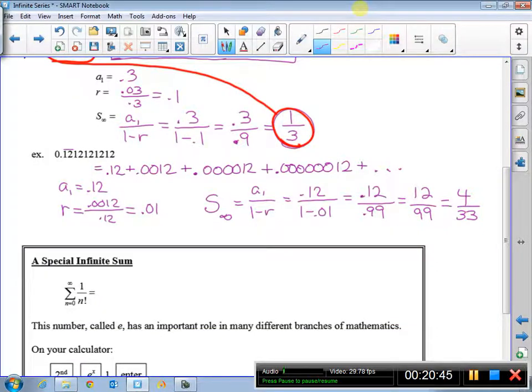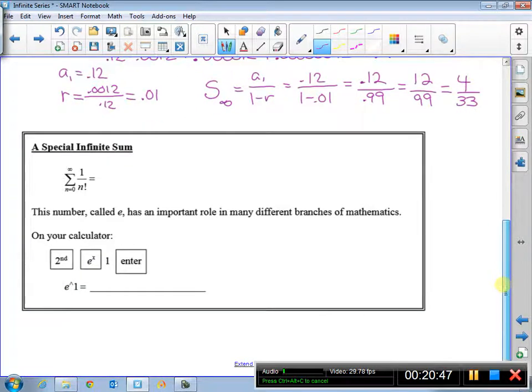All right, last but not least, we're revisiting our old friend e. Remember, e is that special number that we used in logarithms, and we used it in the exponents chapter. On your calculator, you can hit your second button and find e to the x above ln, and then put a 1 in as its exponent.